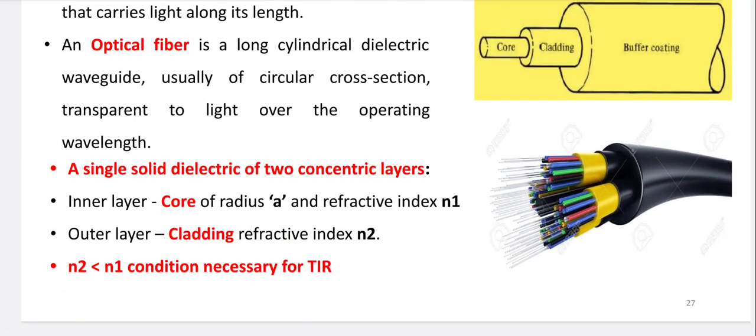As we know already, the fiber optic cable is cylindrical in shape, so it has a radius. Here the core has the radius A and the refractive index N1. The cladding has the refractive index N2. For the necessary condition of total internal reflection, the cladding refractive index N2 is always less than the core refractive index N1.